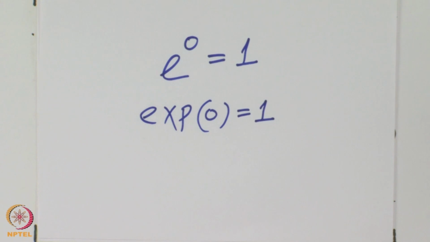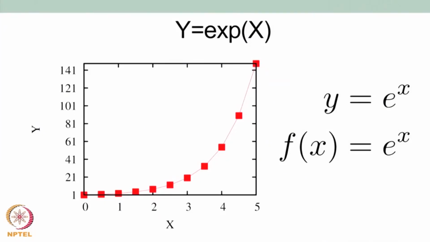So that is why the y-axis in the curve would start with 1. In the graph, when x is 0, y is 1. When x is 1, y would have some value, and so on and so forth.